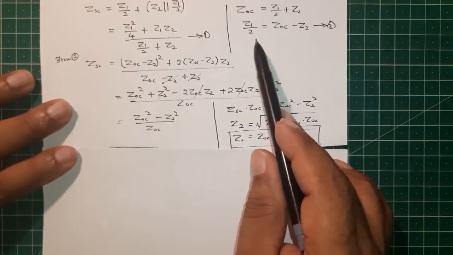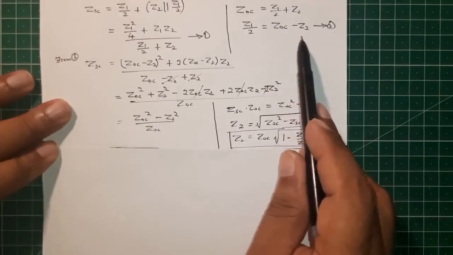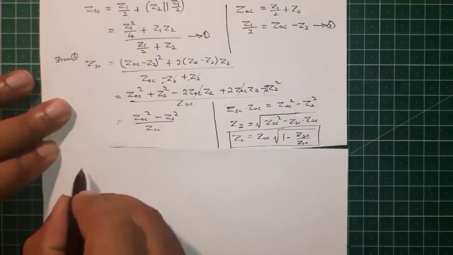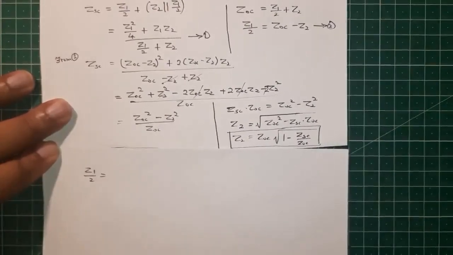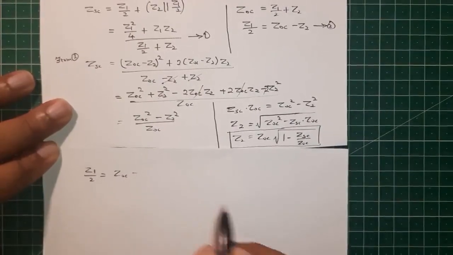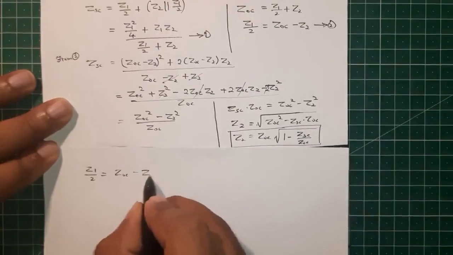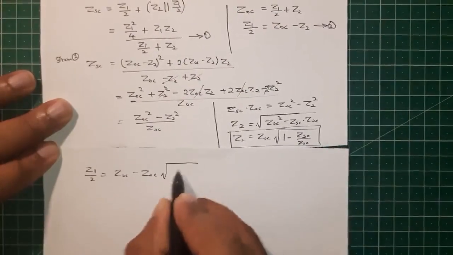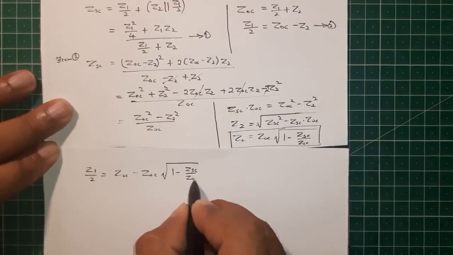Now what is our Z1 by 2? Z1 by 2 is given as ZOC minus Z2. So we can write Z1 by 2 is equal to ZOC minus Z2, which is ZOC root of 1 minus ZSC by ZOC.